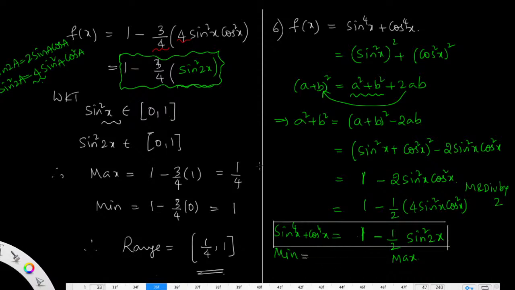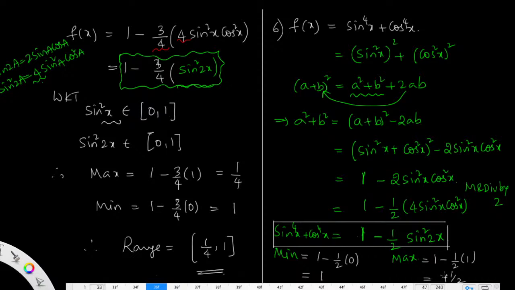Sin square x always lies in the interval 0 to 1. Here for the minimum value you get 1 minus 1 by 2 into 0, and for the maximum 1 minus 1 by 2 into 1. Minimum value is 0 and maximum value is 1. Sin square 2x also belongs to 0 comma 1. Then it goes to 1, here minus 1 by 2, no, positive 1 by 2 only. Therefore 1 by 2 comma 1 is the range of the function.